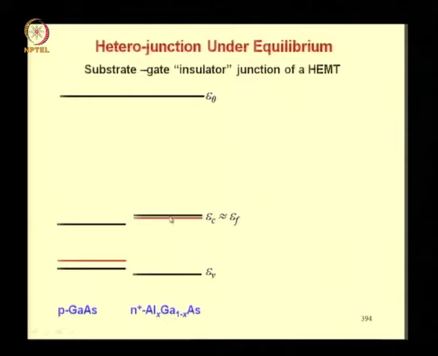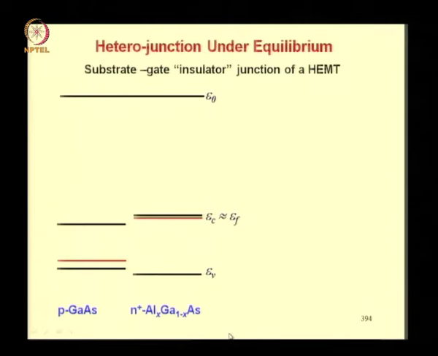The band gap of aluminum gallium arsenide depends on the mole fraction of aluminum. We shall assume that the AlGaAs layer is so heavily doped that the Ec and Ef are very close to each other.